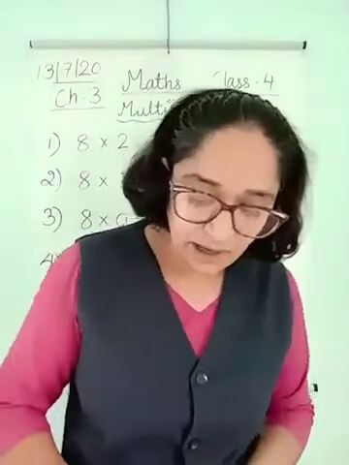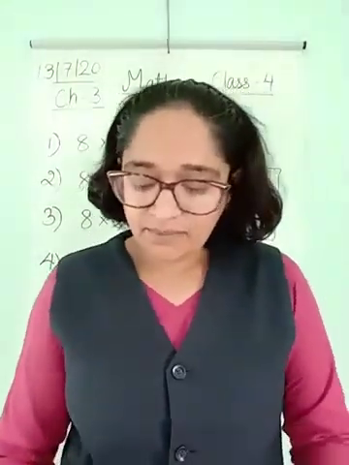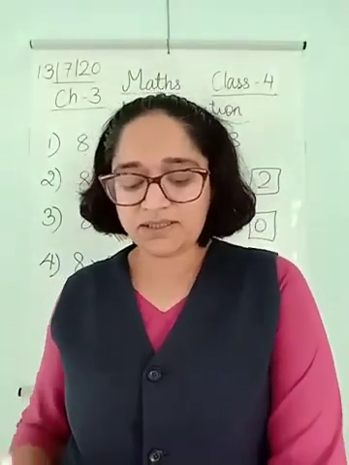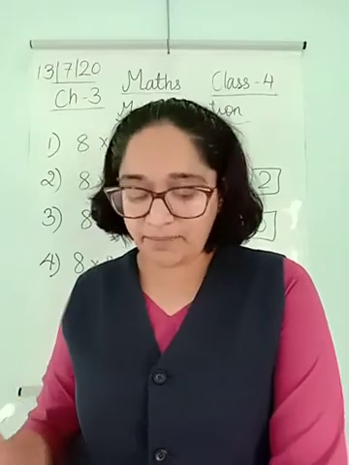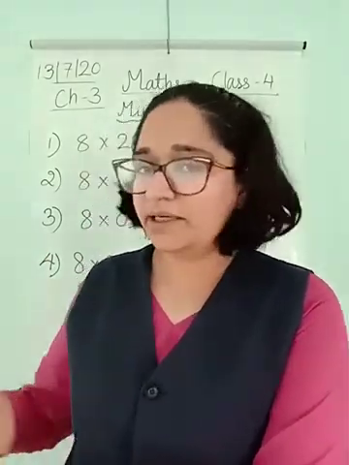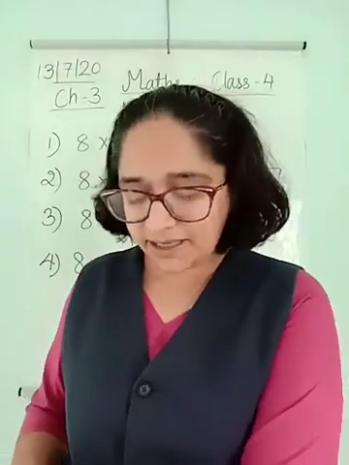Next, 23 multiplied by 15 multiplied by 56 is equal to 56 multiplied by 23 multiplied by what? Now 23 and 56 are already repeated on the second side.